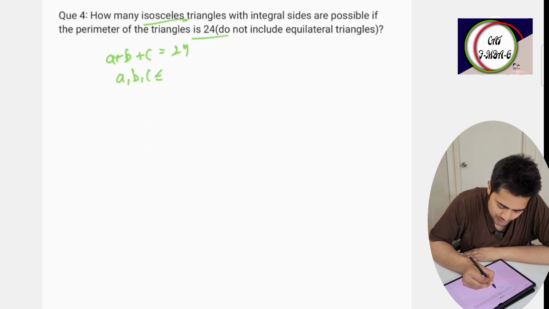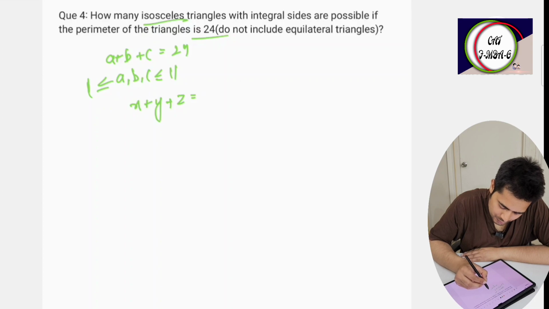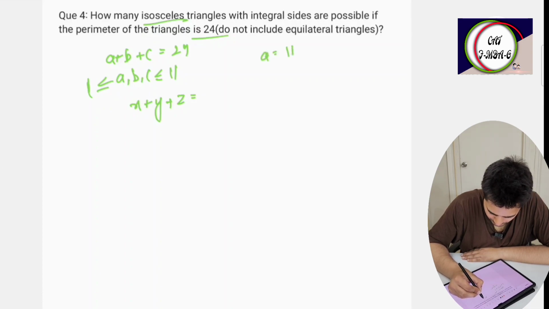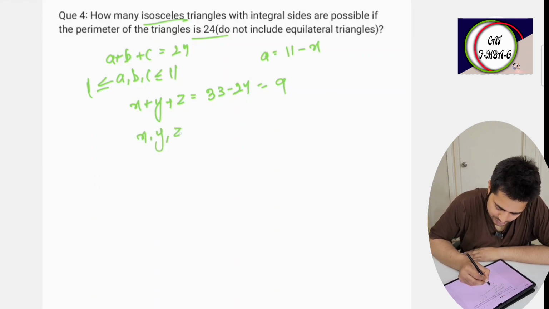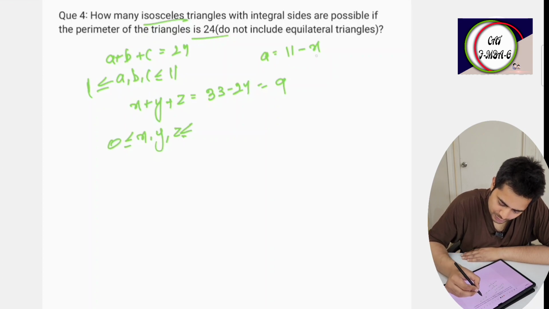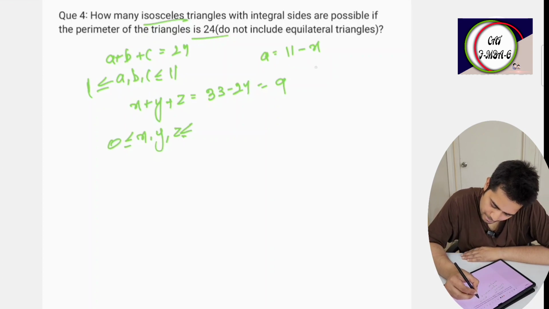So A, B, C lie between 1 and 11. So X plus Y plus Z is equal to, so A is equal to 11 minus X. Okay, so 11 into 3 is 33, minus 24 is equal to 9, and X, Y, Z are greater than or equal to 0 and less than or equal to 10, since 11 minus X is equal to 1, so X is equal to 10.